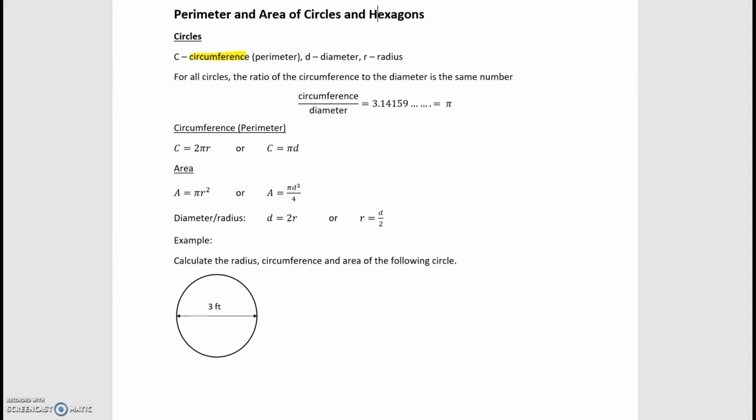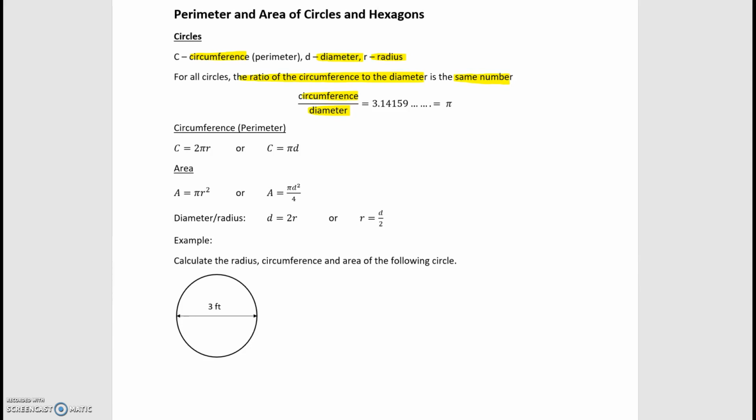You also need to have the diameter involved. In other words, the distance from one point on the circle all the way across to the other point on the circle. And then radius, which is half of the diameter. So there's something interesting about circles, and that is that the ratio of the circumference to the diameter, in other words, when you're comparing the circumference to the diameter, it's always equal to the same number.